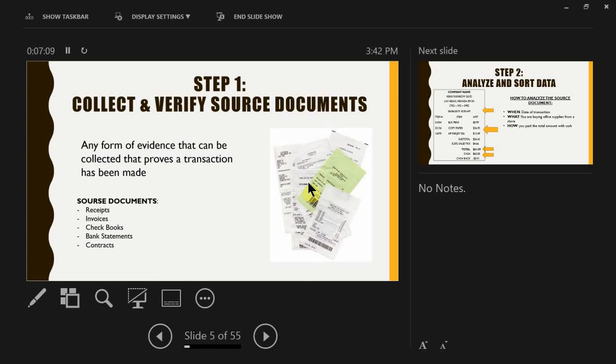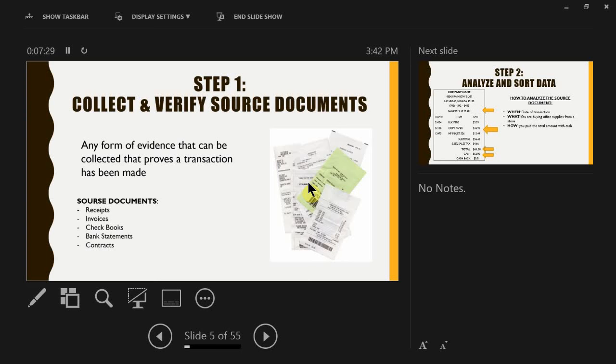If it's a transaction for you going personal shopping, that does not matter. It has to be within your business, right? So any kind of proof of documentation that a transaction has happened. The most common one would be a receipt. Okay, contracts, all right, are also one of them.